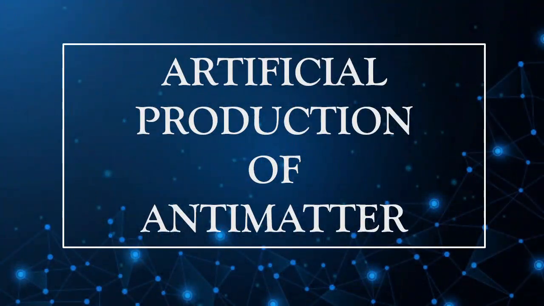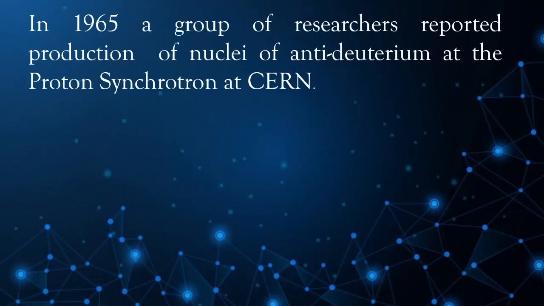Besides the observation of antimatter in nature, antimatter has been artificially created at particle accelerators like the Large Hadron Collider in minute quantities. In 1965, a group of researchers reported production of nuclei of antideuterium at the proton synchrotron at CERN.